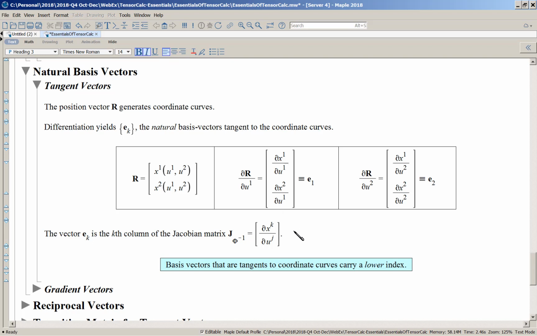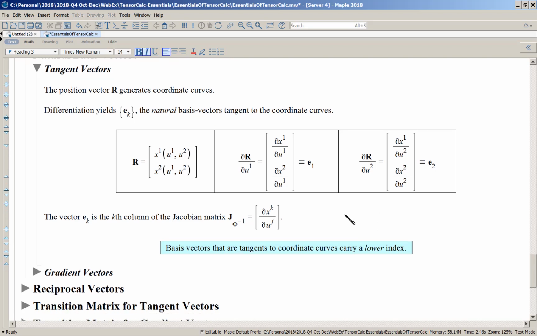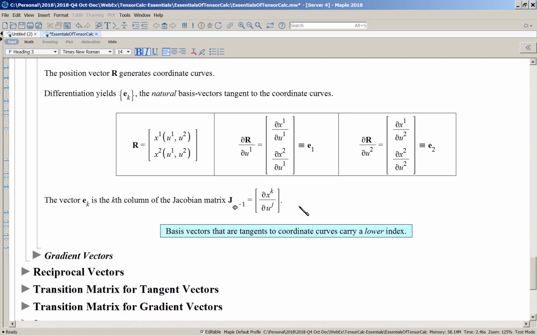That's a tangent vector to the coordinate curve, and is a column, the first column, of this Jacobian matrix. And this is the derivative with respect to theta, if you're thinking in terms of polar coordinates. And what we conclude from this discussion is basis vectors that are tangents to coordinate curves will carry a lower index.